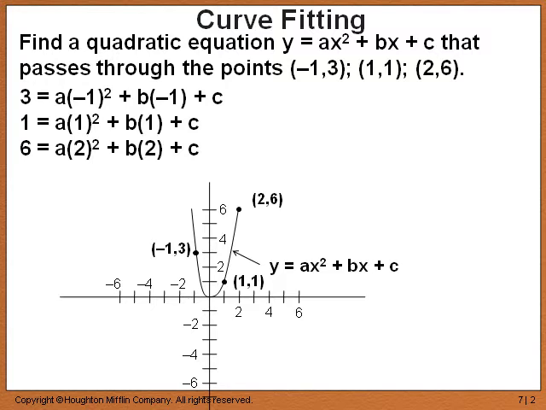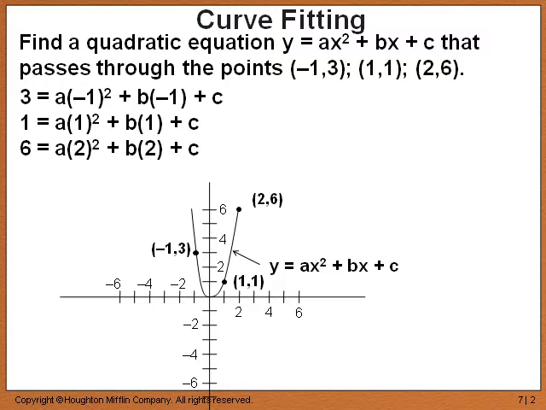We did a similar thing for equations 2 and 3 in this system. In row 2, the x-coordinate is 1 and the y-coordinate is 1, and that's why it's 1 equals a times 1 squared plus b times 1 plus c. And in row 3, the x-coordinate is 2 and the y-coordinate is 6, so 6 equals a times 2 squared plus b times 2 plus c.